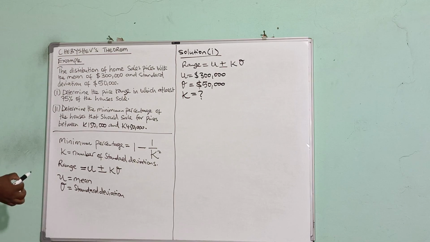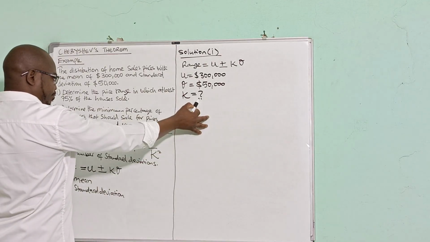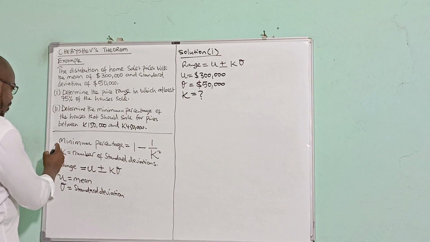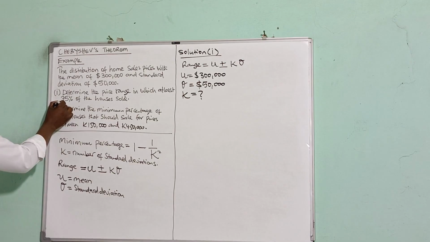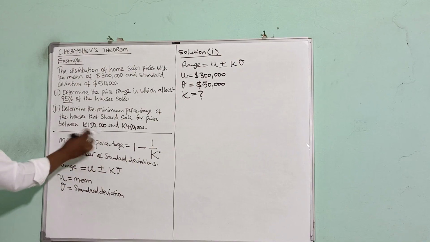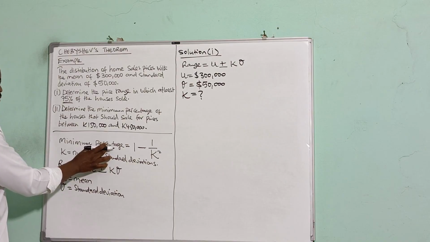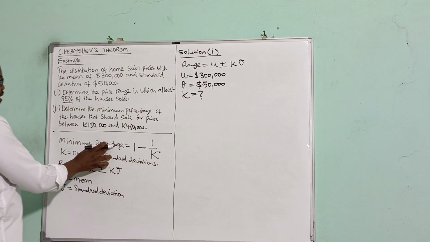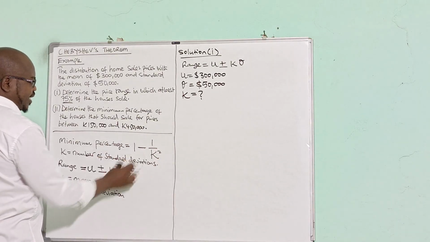Now we can apply the other formula, the one for the minimum percentage, to get k. The minimum percentage we already have, which is at least 75%. And 1 is part of the formula. So what we care about is k.